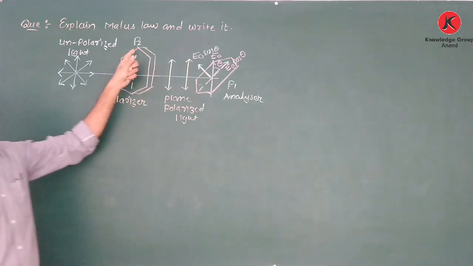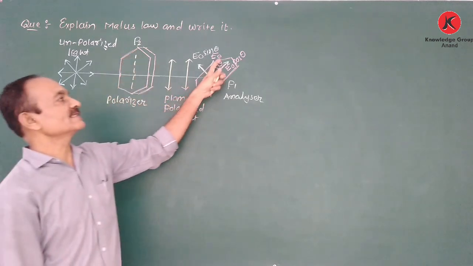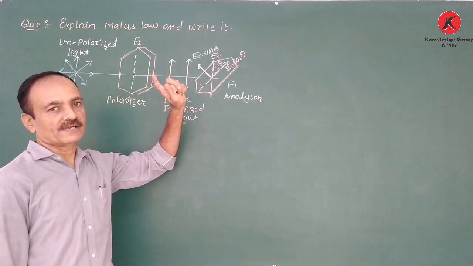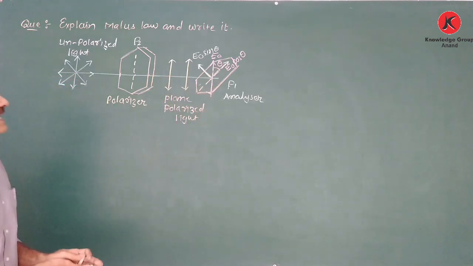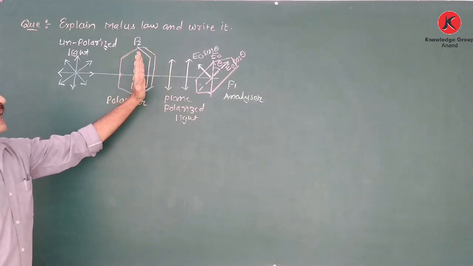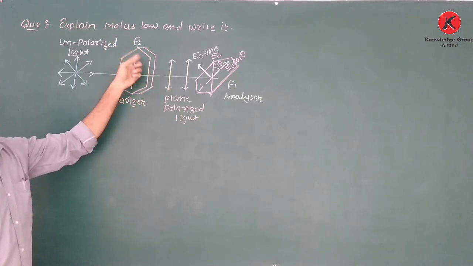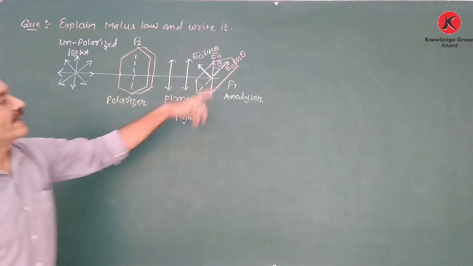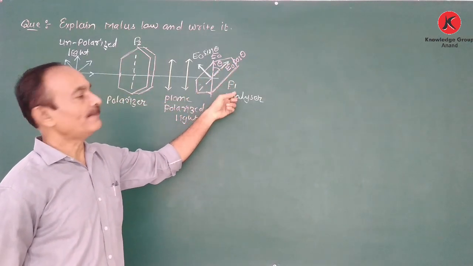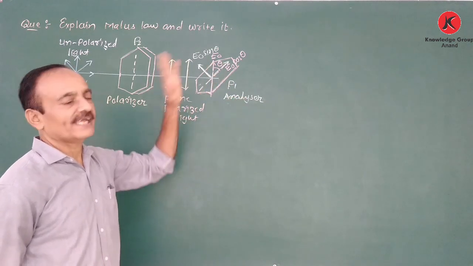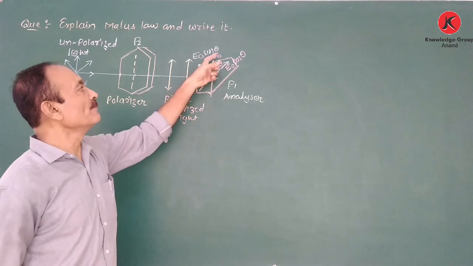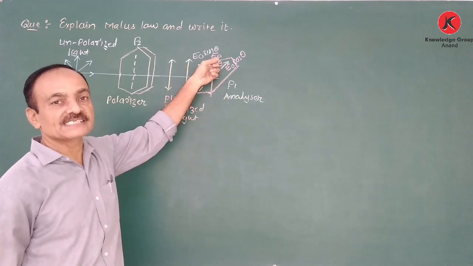Now the axis of P2 makes an angle theta with the axis of P1. Therefore, the plane polarized light coming from the plate P2 is incident on the axis of the analyzer at angle theta. We consider the two components of the electric field vector E0.